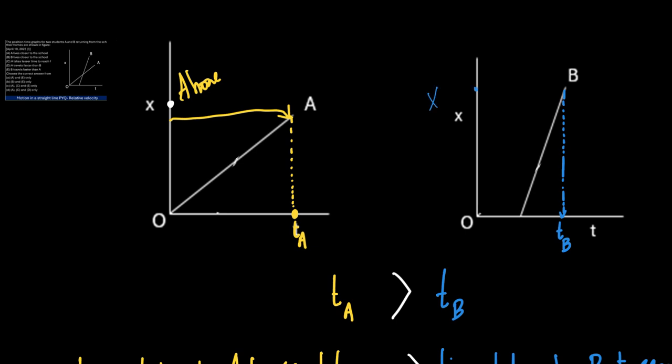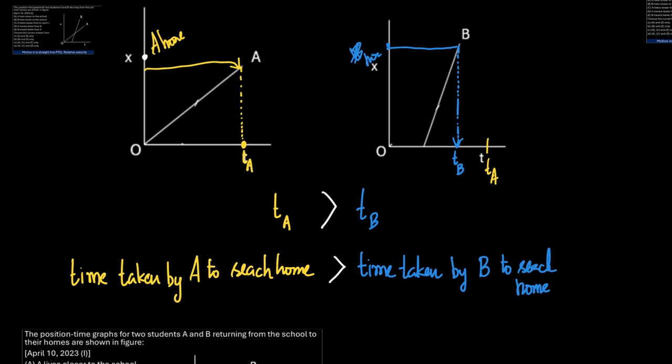Similarly, this is the position of B's home and the corresponding time is TB. From the graph, it is clear that TA is greater than TB. Why? Because this is somewhere we get TA, right? So we have TA is greater than TB. What does it mean? It means that time taken by A to reach home is greater than time taken by B to reach home. Okay.